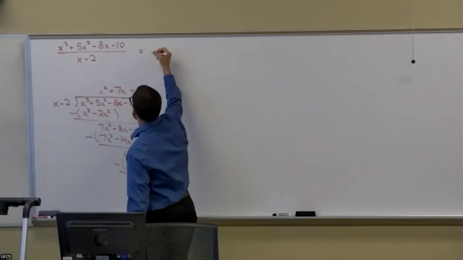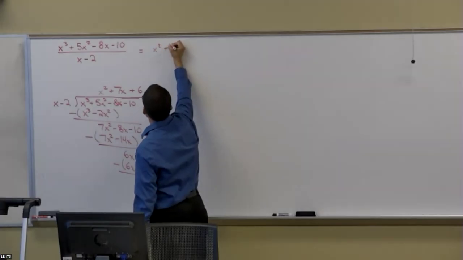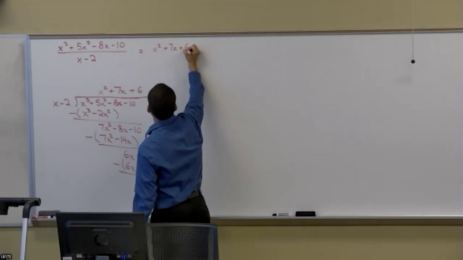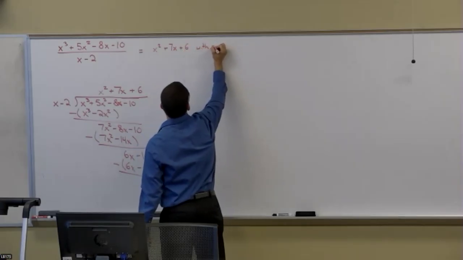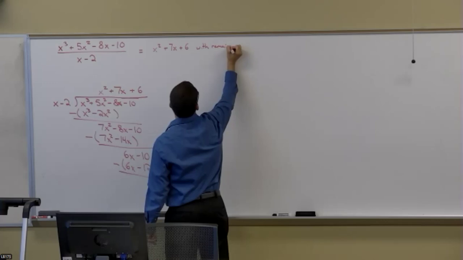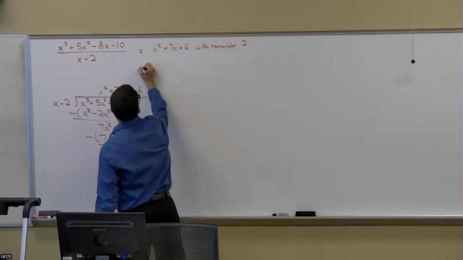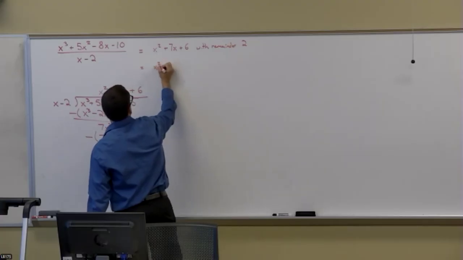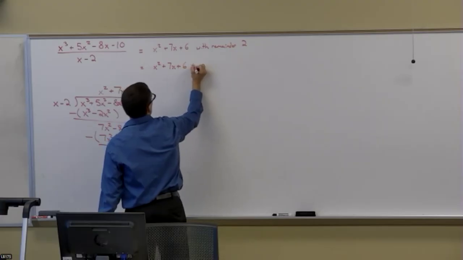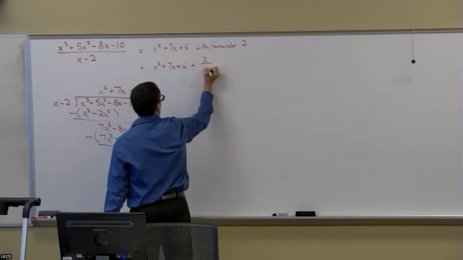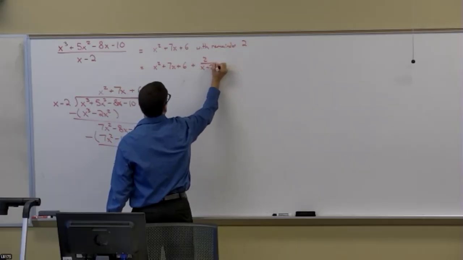So that means that doing this division gave me x squared plus 7x plus 6 with remainder of 2. Or we could have written that as x squared plus 7x plus 6 plus, we could have put our remainder over x minus 2 if we would have liked.